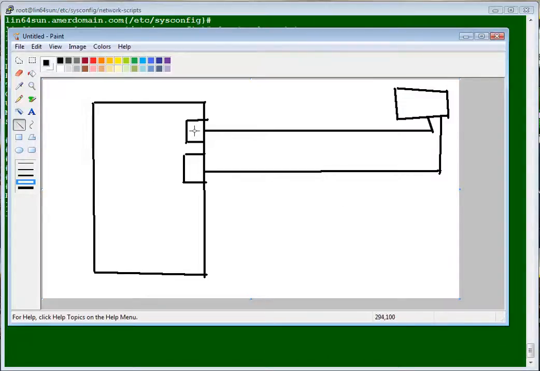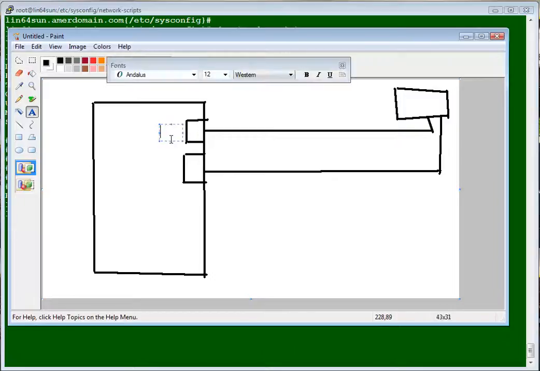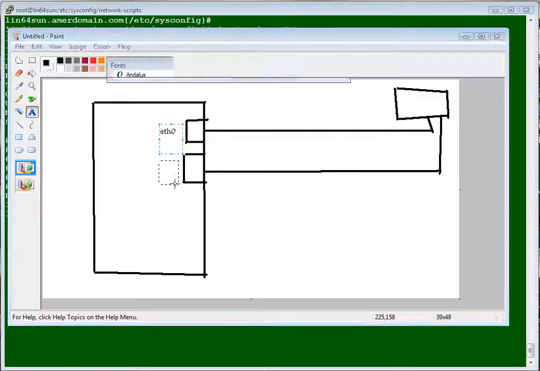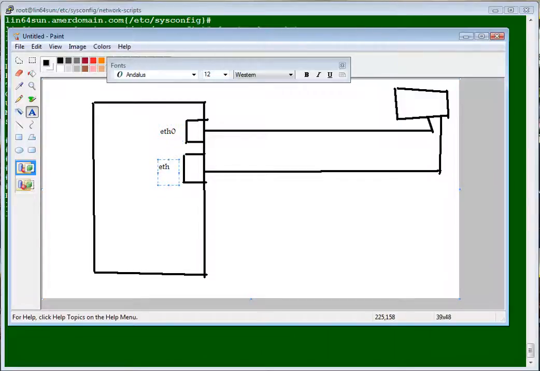This is my network card, this first one. Second one, network card. Now what happens at the OS level, for example, this is my Ethernet 0 card, and I have another Ethernet 1, that is my other NIC.